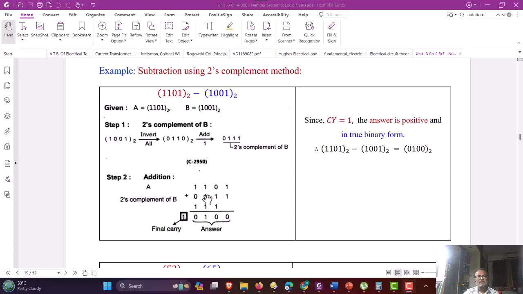Now 1 plus 1 is 0, plus 1 is 1, means sum is 1, carry is 1. Again 1 plus 1 is 0, sum is 0, carry is 1. So here the carry is generated at the 5th position.